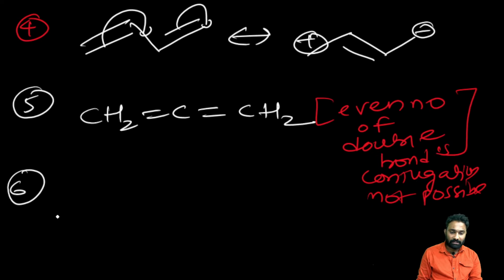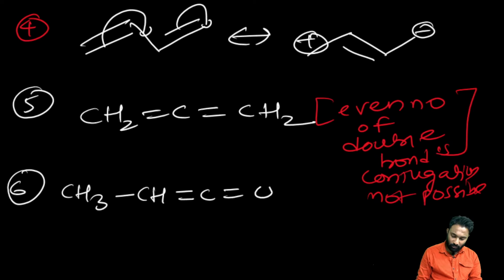Next, if they have given CH3, double bond CH, double bond C, double bond O. Clear? If they have given it in this manner, here is the conjugation possible or not? Is delocalization possible or not?